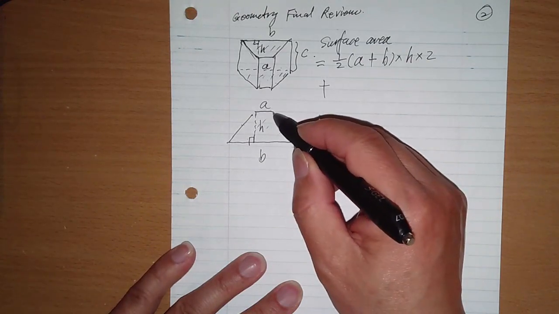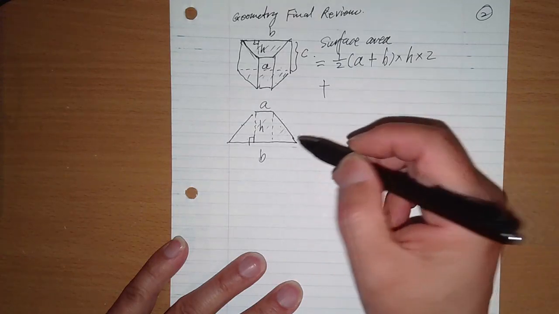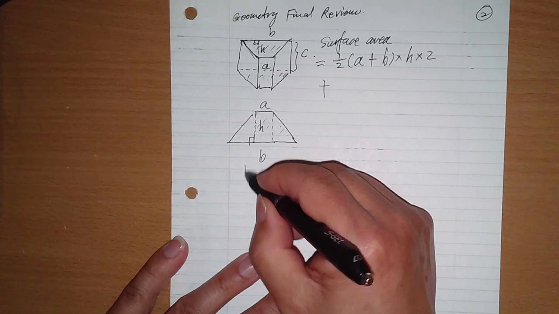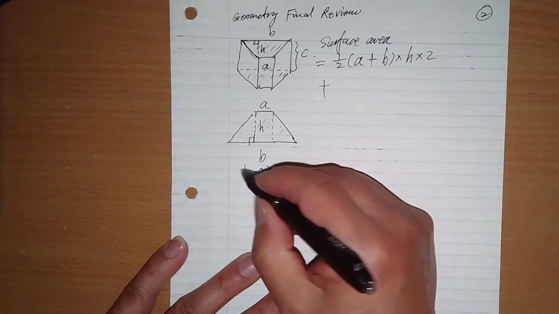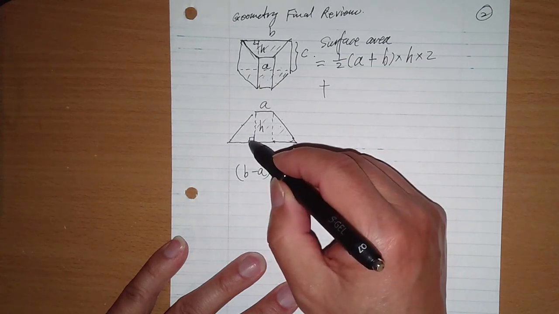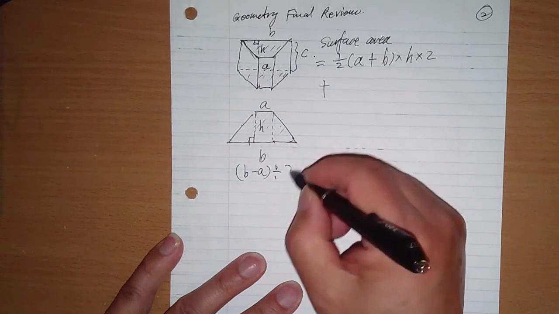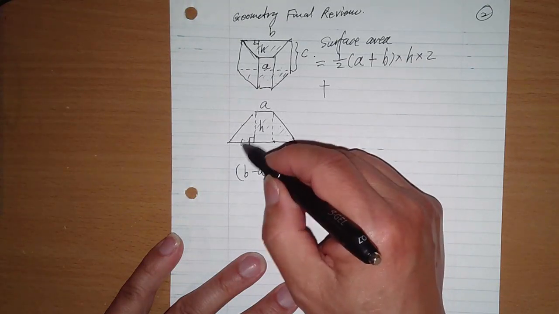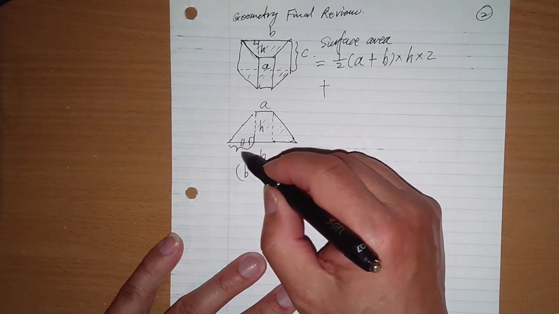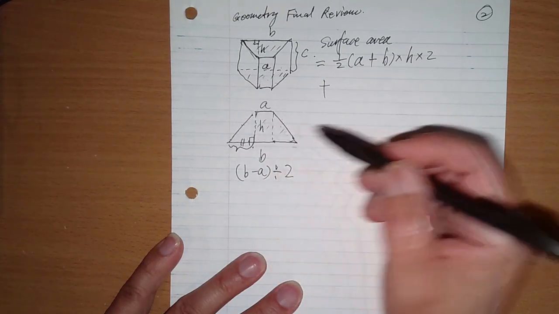Let's say since this is symmetrical, and if we use B, I just wrote right here, B subtract A, that will be the sum of this side and this side, right? But since we have two of those, we need to divide it by 2. So that will be one side from here to here. Once you have this side, and then that side we can calculate.